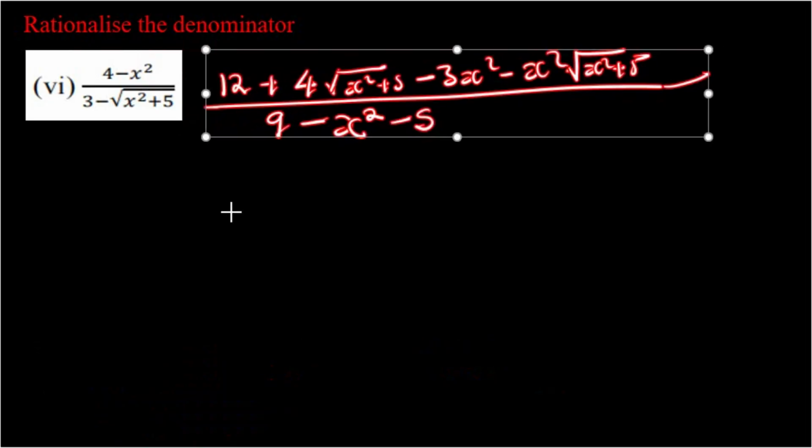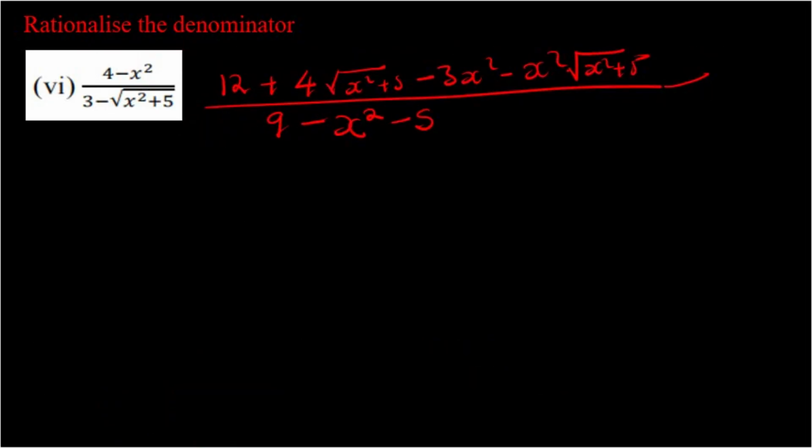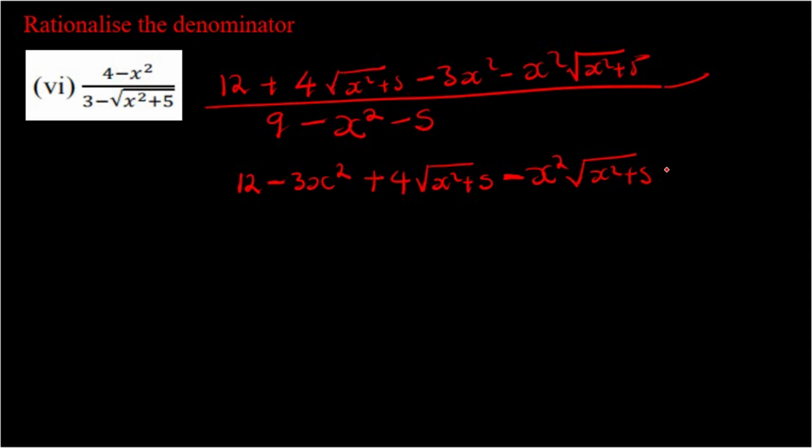So I've shifted to put it here, right? So what you do next is this now. Let's get all the like terms together. So I'll have 12 minus 3x squared, right? Then I'll get this part here, which is plus 4 root of x squared plus 5, then minus x squared root of x squared plus 5, like that, right?